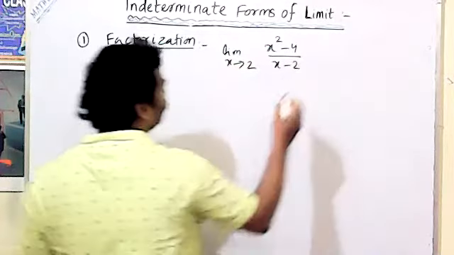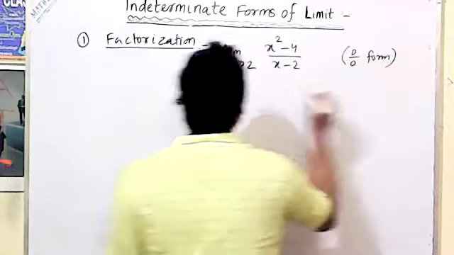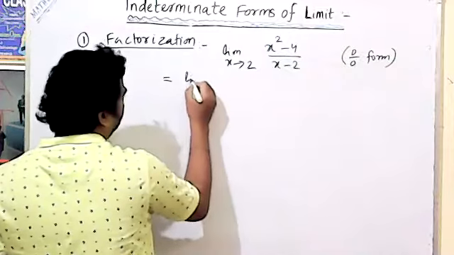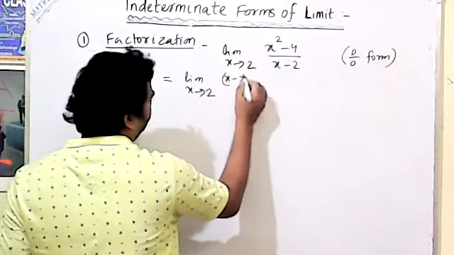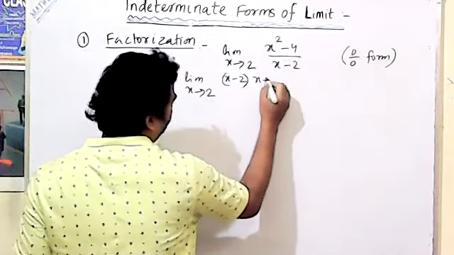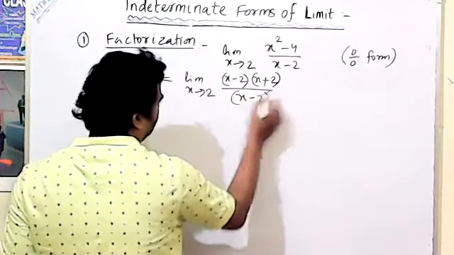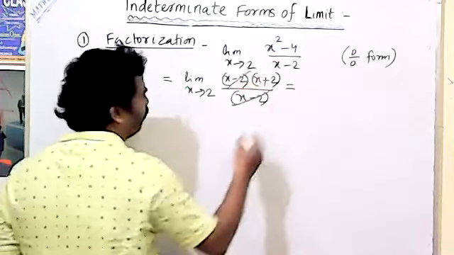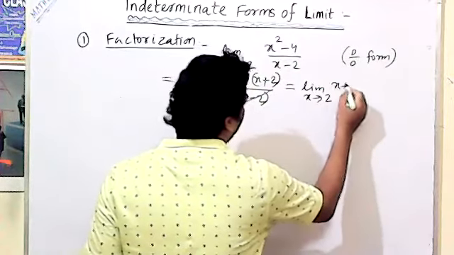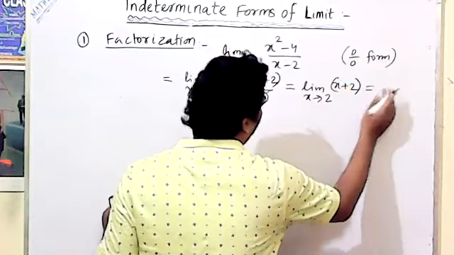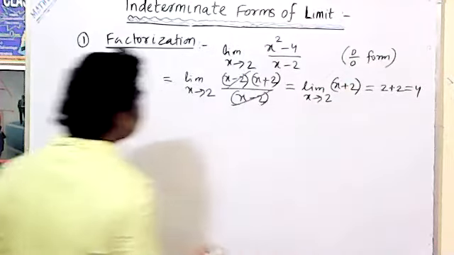That is also a 0 by 0 form. So which method can we use? That is the factorization method. That is x minus 2 into x plus 2 divided by x minus 2. Here it is simple, it becomes determinate form, x tends to 2, that is x plus 2. Now you put the value directly, that is 2 plus 2, which is equal to 4.